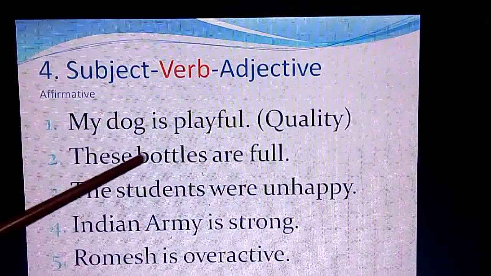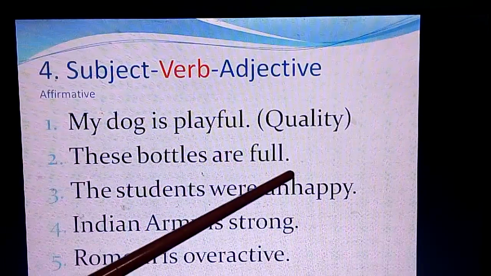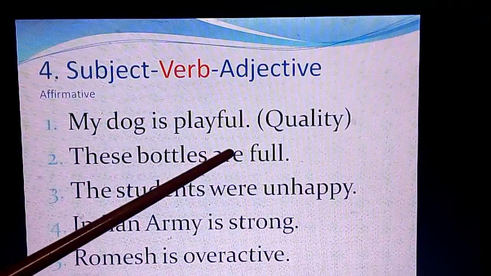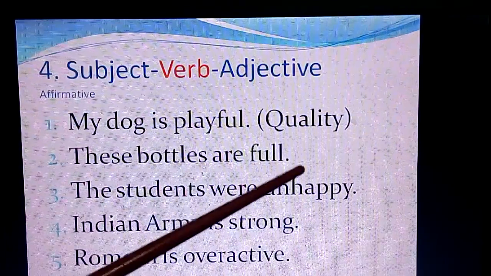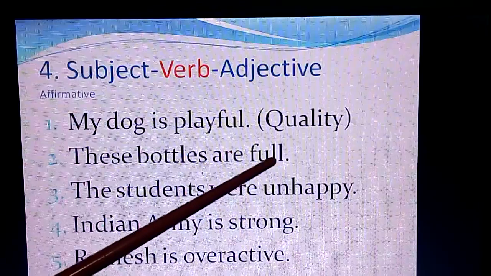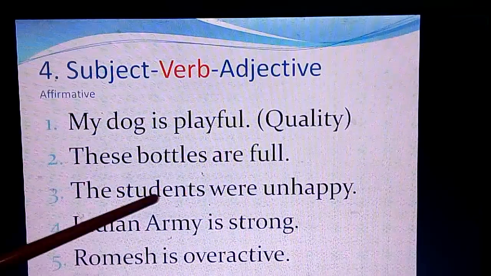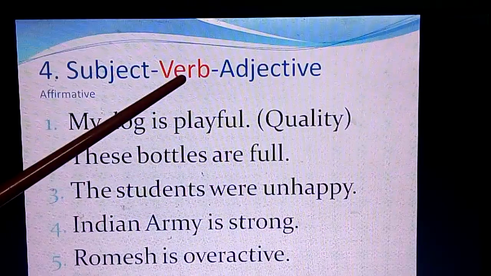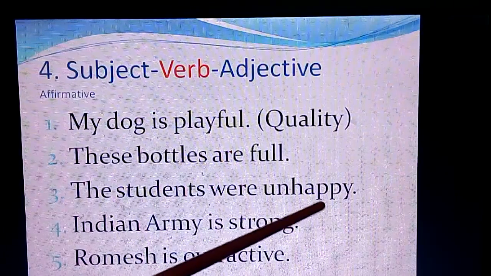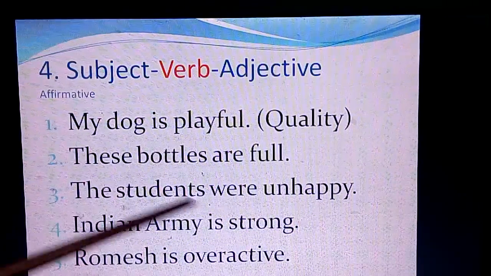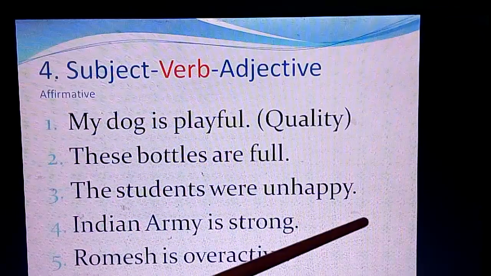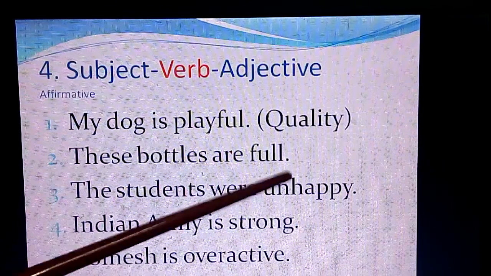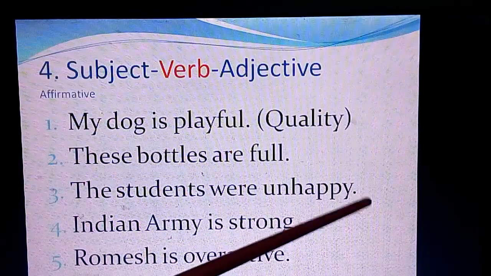Then these bottles are full. So these bottles is subject, are is verb, and full is adjective. The students were unhappy: students is subject, were is verb, and unhappy is adjective. These students were unhappy because they were denied their rights, because they were not given what was rightful.